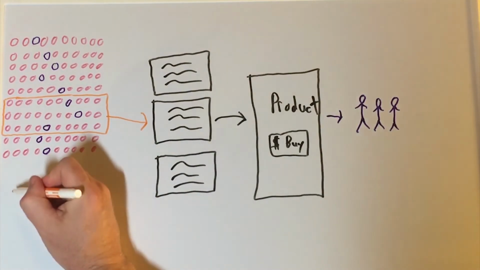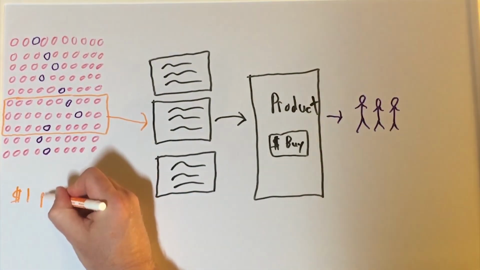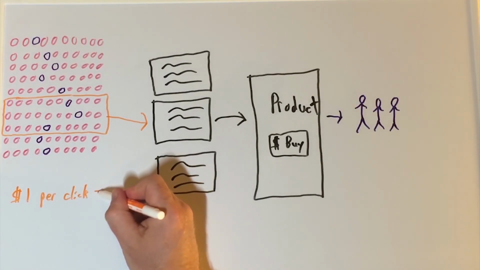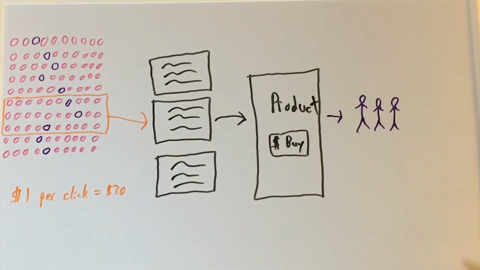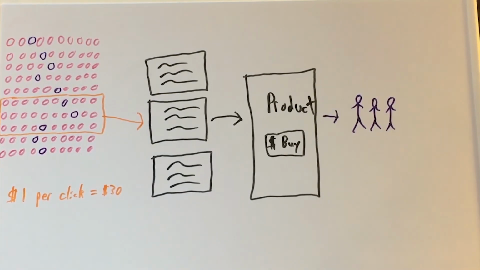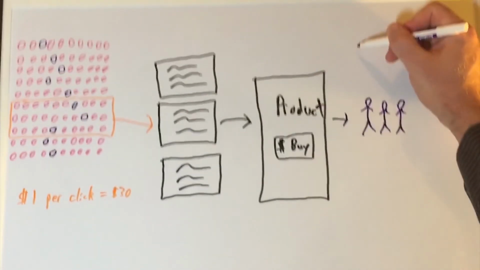Let's also say our clicks are costing us $1 per click. So we spent $30 to get 30 clicks. And each of these buyers here is going to net us $20 profit per purchase. So that's before we figure out the advertising cost. If we figure in all of our other expenses, it's going to be a $20 profit margin before calculating any advertising expense.